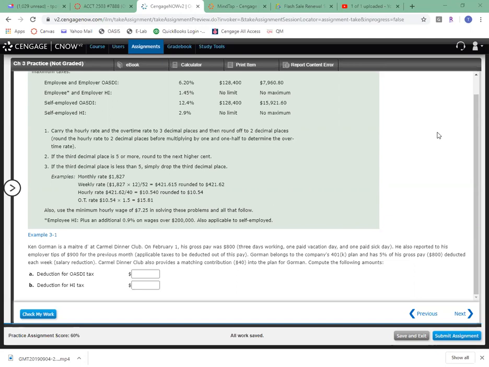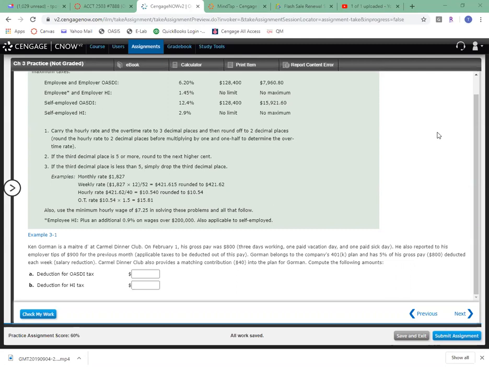So that $40 that they're providing into the 401k on his behalf is not taxable income, so we would not add it in. However, the contribution he's making of his gross pay, the 5% of his gross pay, is taxable. So we will count his full $800 as taxable income.